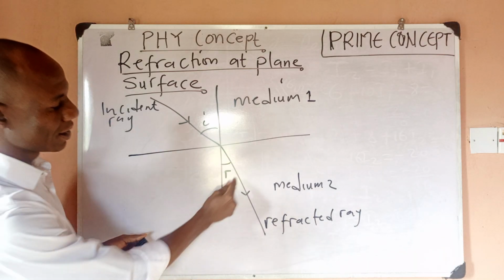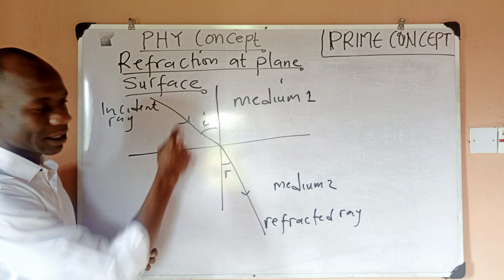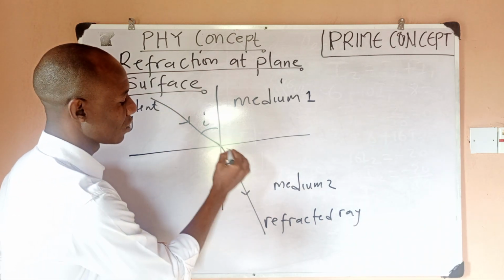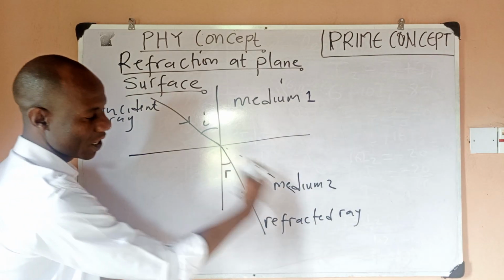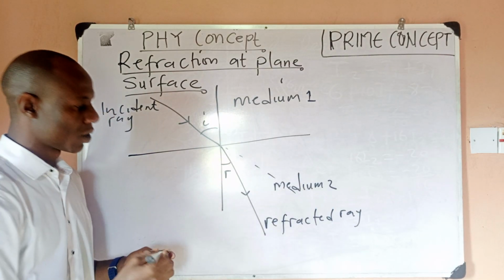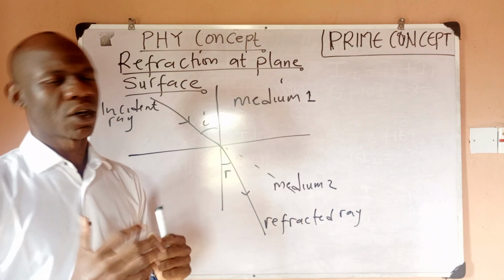You would notice that this ray is already bending from your incident ray, because the incident ray normally should go in a straight form, but because it is now bending, this bending is what we know as refraction. Now we can have two conditions.